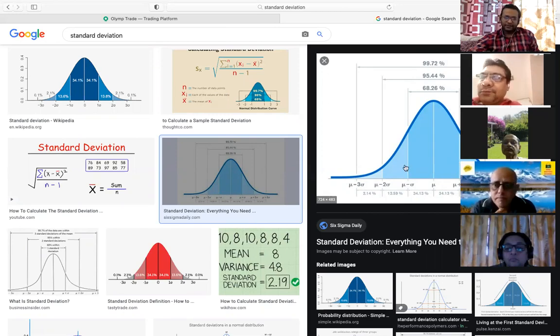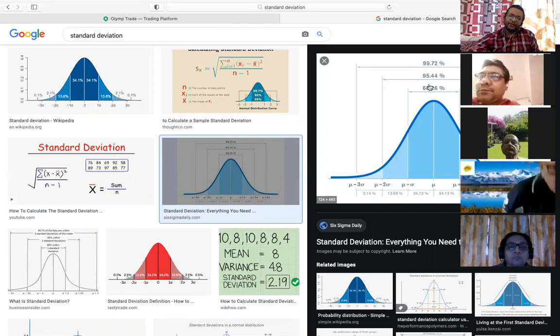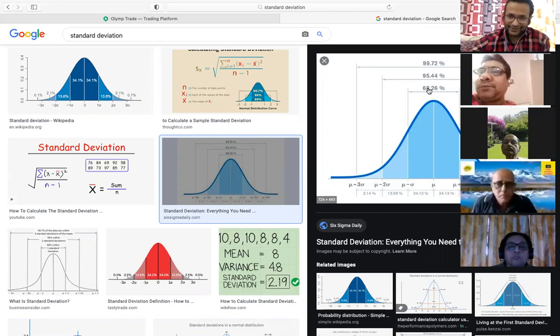Now, if you look from 1 to 3, the percentage of data that will lie there is 99.72 minus 68.26. Forget the decimals, for example.